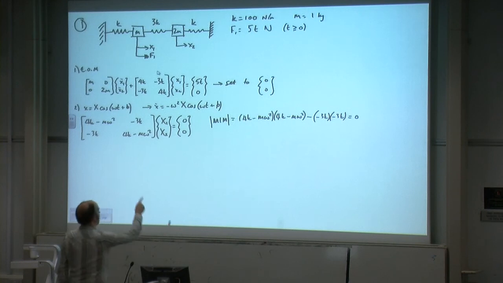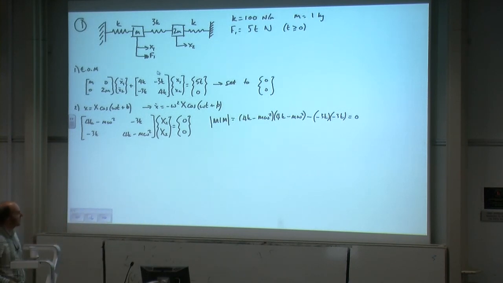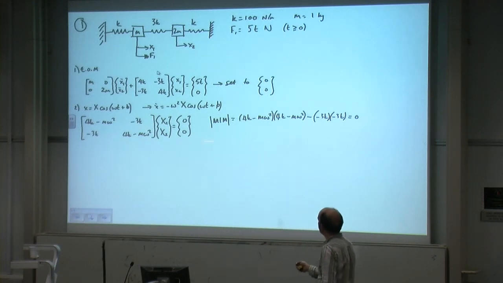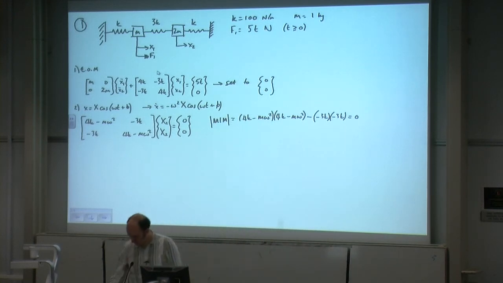So we have to find the determinant of the mechanical impedance matrix. The determinant of this thing is those two multiplied together minus those two multiplied together. So we've got this equation, and then we can simplify that down.